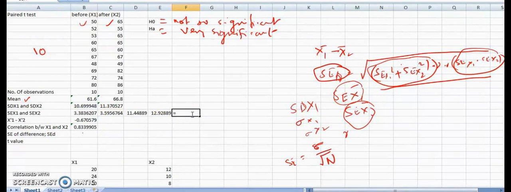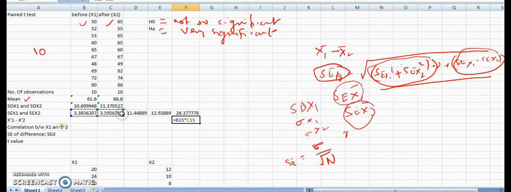So the sum of this and this is this value. Okay. So after calculating this value, that is the summation of the squares of the standard error means of these two data.